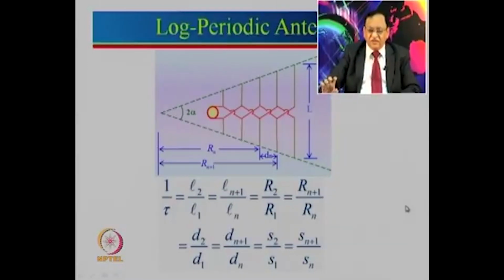However, practically the diameters are not always changed. Suppose there are 10 elements or 20 elements, finding wires of 20 different diameters will be difficult. So generally they are grouped into 3 or 4 different diameters. Now, the purposes of Yagi-Uda and log periodic antennas are actually different.